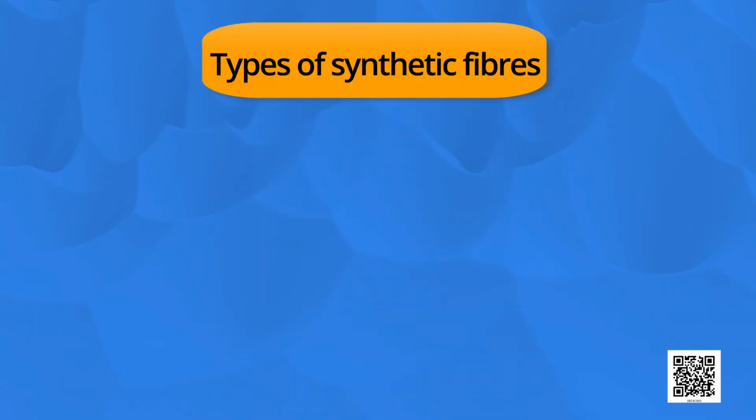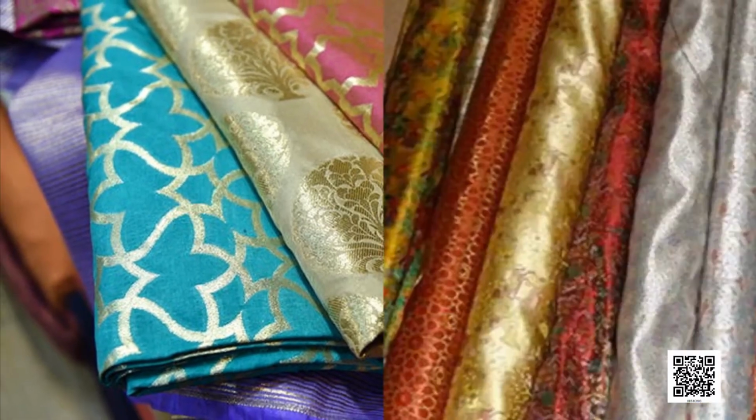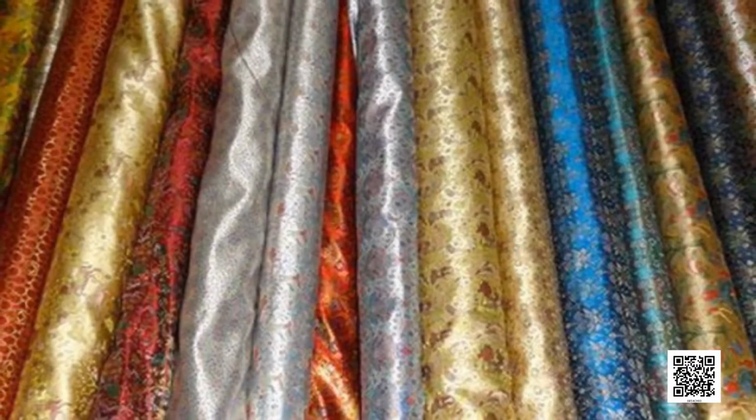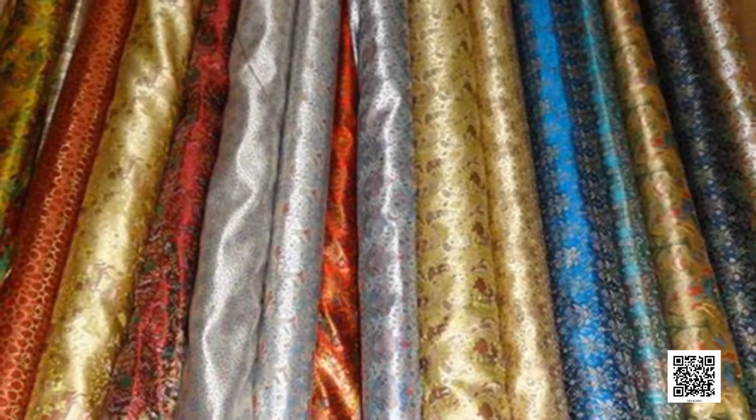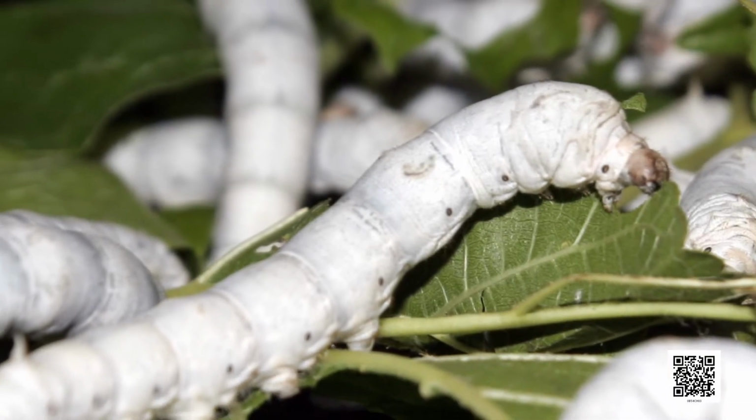Students, now we shall learn about types of synthetic fibers. Rayon, nylon, polyester, acrylic. Let us first take rayon. We all know that silk fiber is obtained from silkworm. It was first found in China.